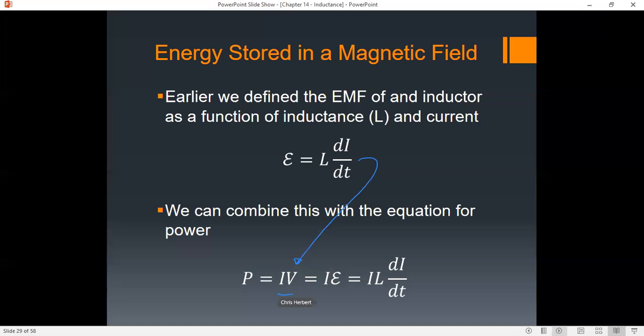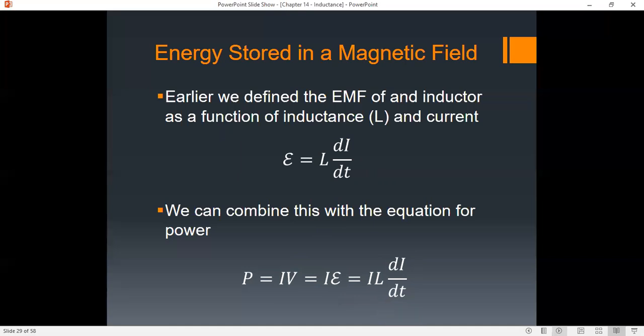Power is equal to current times voltage. So the current times the EMF is going to give us the power for an inductor. And that becomes the current times the inductance times the change in current divided by time.